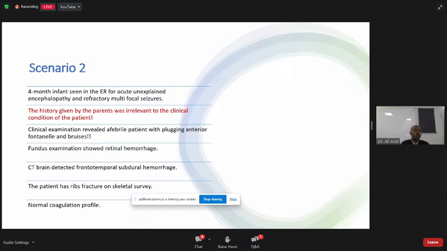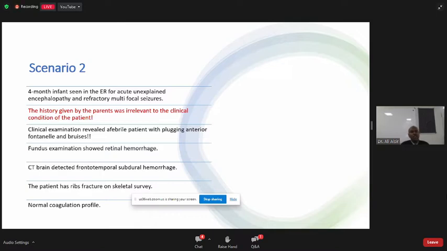You have to consider other diagnoses before you label your patient as non-accidental injury, because this is a serious diagnosis and needs to be addressed very carefully. One of the major conditions to put in your differential diagnosis when you see retinal hemorrhage and subdural hemorrhage is glutaric aciduria. But glutaric aciduria has different other clinical manifestations, as we said earlier, such as macrocephaly.